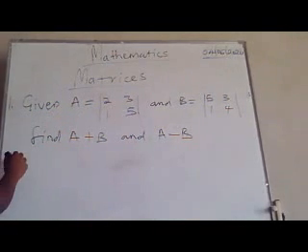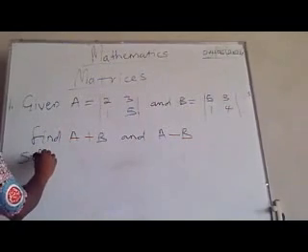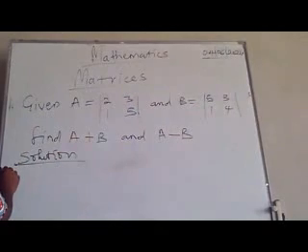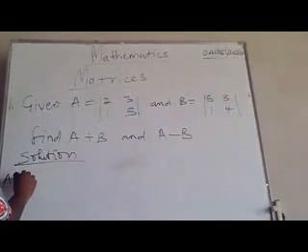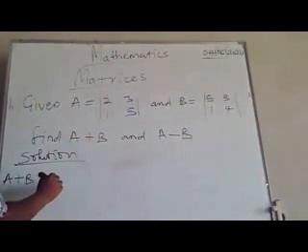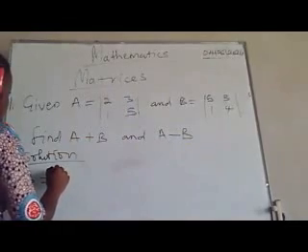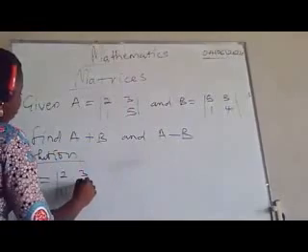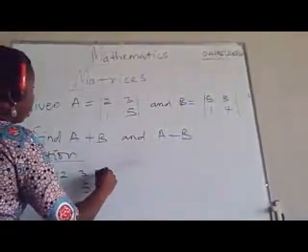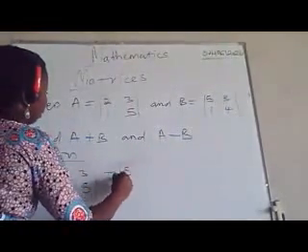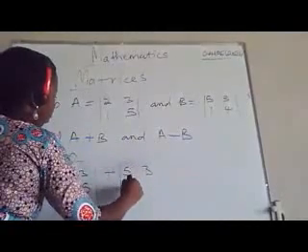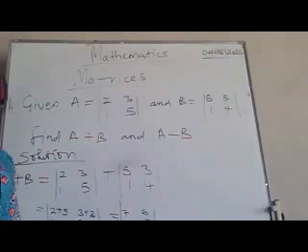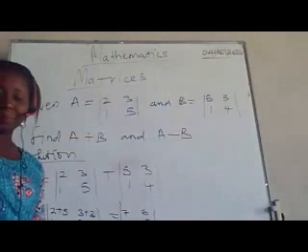Therefore, we bring it down. A plus B is 2, 3, 1, 5 plus 5, 3, 1, 4.